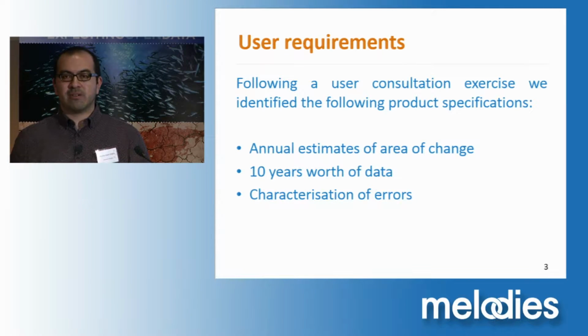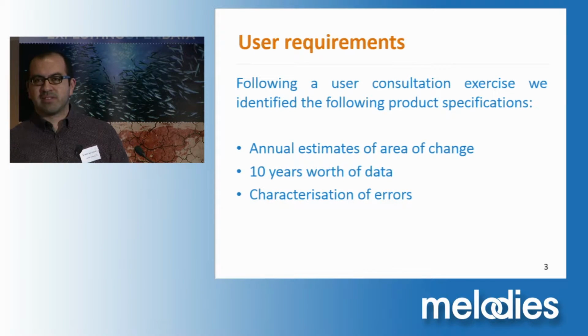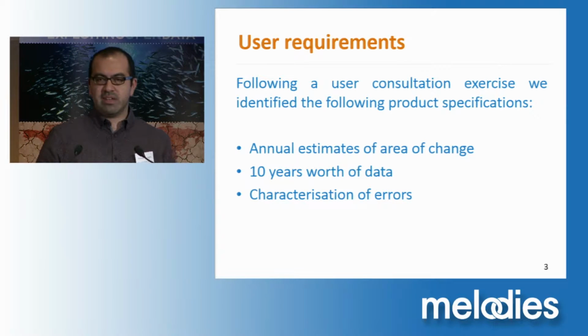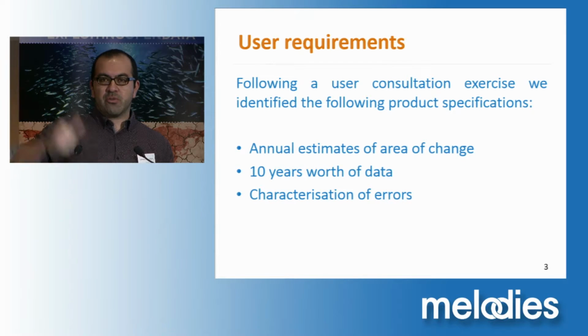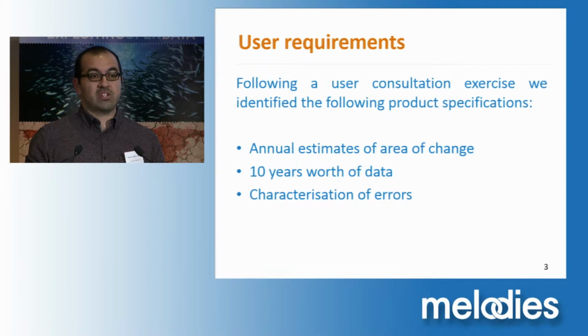First thing was about what exactly our users need. Directly from the first meetings, we identified that we need, first of all, annual estimation of changes in area. If possible, 10 years of data or more.